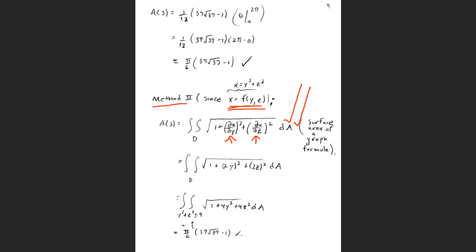And when you do that, you get to the double integral more quickly, because you didn't have to worry about parameterizing. You didn't have to come up with a vector function of two parameters to describe the surface.